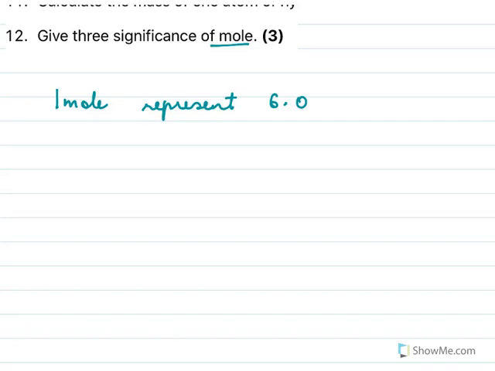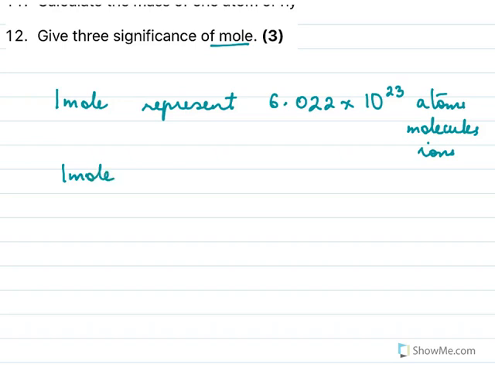Give the significance of mole. 1 mole represents 6.022 × 10^23 atoms or molecules or ions, depending on what specimen they've given. And 1 mole also is equal to gram atomic mass of the element. What does it mean?